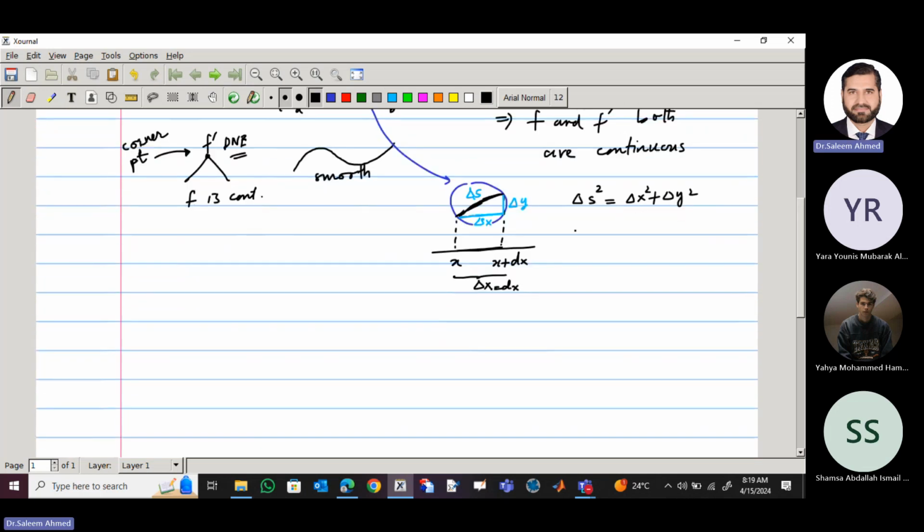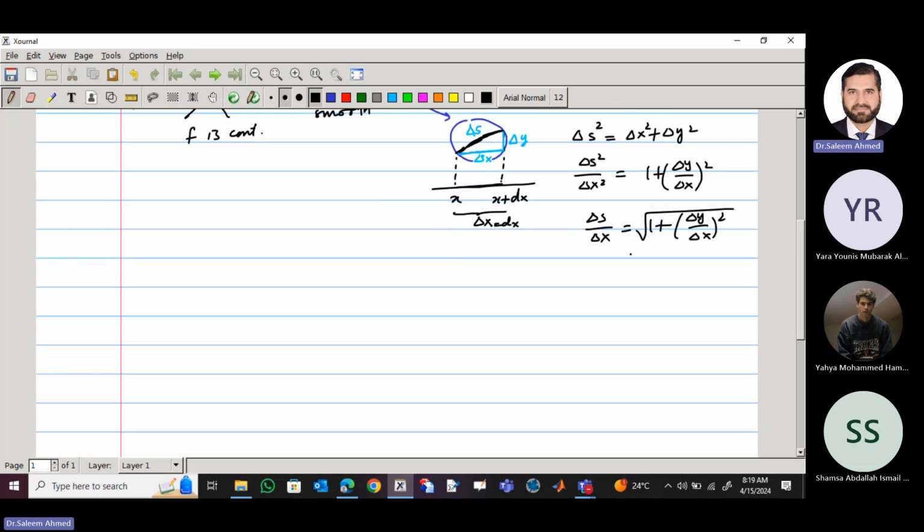If I divide by delta x squared, this becomes 1 plus (delta y by delta x) squared. If I take the square root, delta s by delta x becomes the square root of 1 plus (delta y by delta x) squared. Now I can multiply delta x over there.